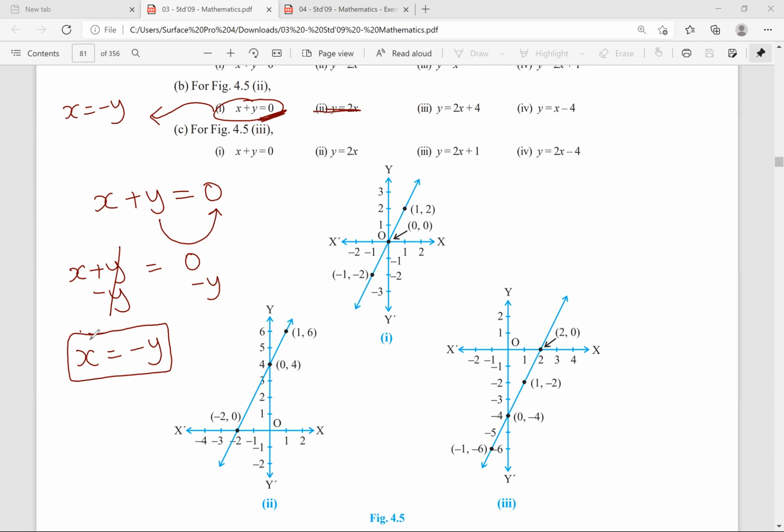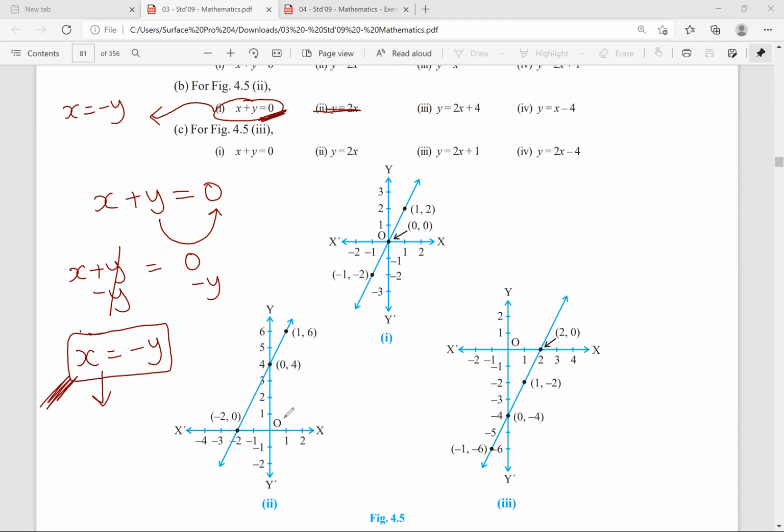Now we can see that over here we don't have a constant term. Remember what a constant term is? Over here, the constant term is 4. Over here, the constant term is minus 4. But in this equation, we don't have a constant term. And we saw in the previous lesson that when we don't have a constant term, this graph will pass through the origin.